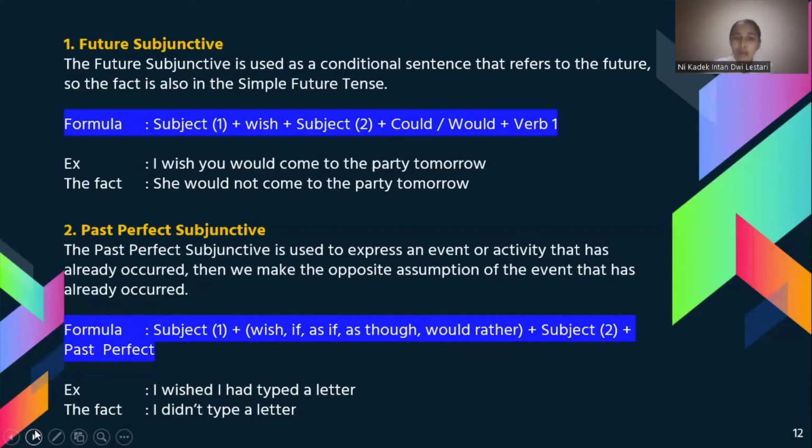The formula of past perfect subjunctive is subject plus, we can use words like wish, if, as if, would rather, and then plus subject two plus past perfect. For example, I wish I had typed a letter. The fact is, I didn't type a letter.